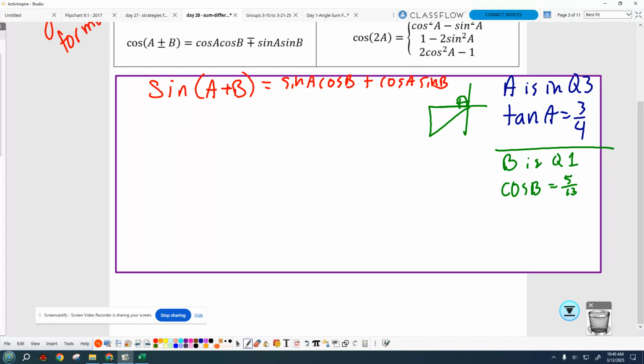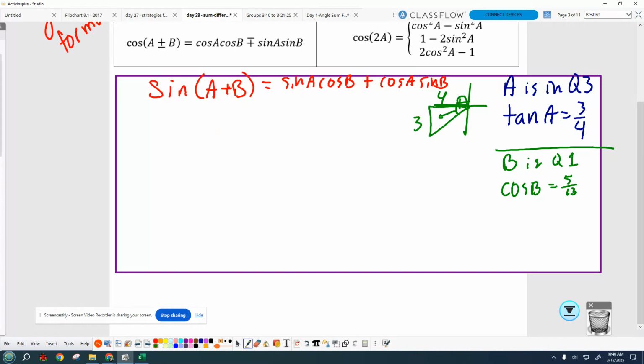How am I going to label the triangle, Angel? Tangent of A is 3 over 4. How am I going to label that? Put 3 on the top of it, plus the other side. So the 3 goes here. Tangent is opposite over adjacent, so it's 4 and then negative 3.